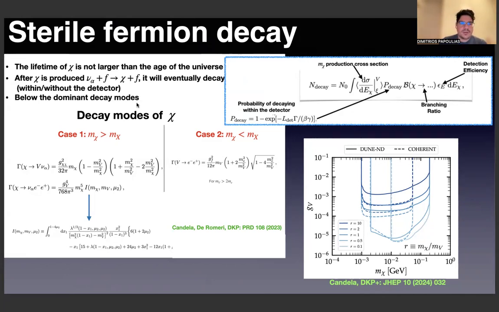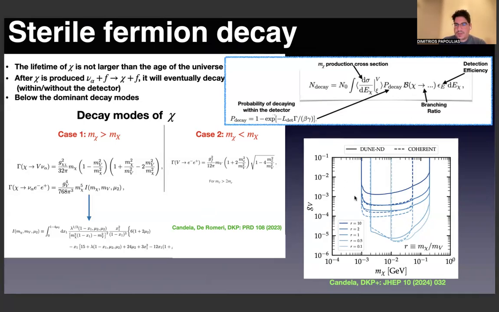We have two decay modes here, depending on the sterile fermion mass versus the mediator mass. And we took into account all these ingredients like the branching ratio, the decay rates, which are summarized here, the detection efficiencies and everything.